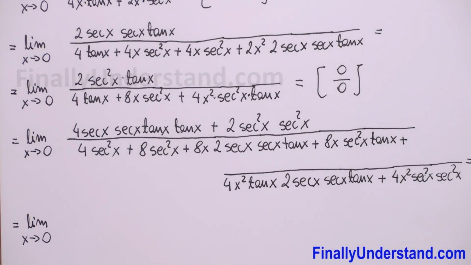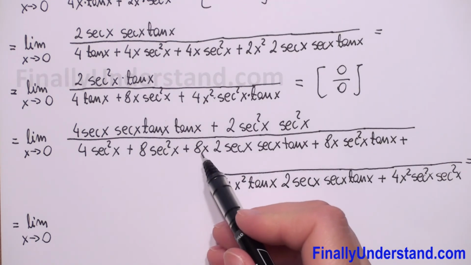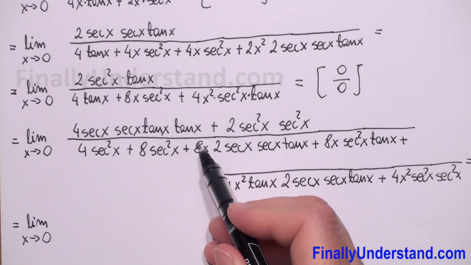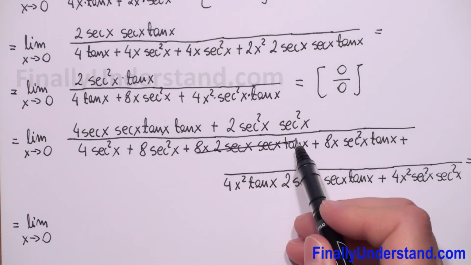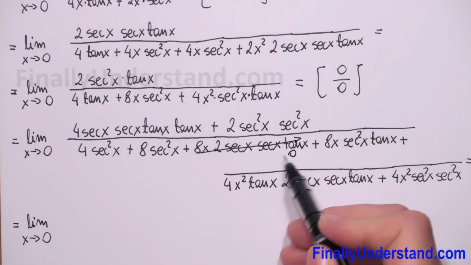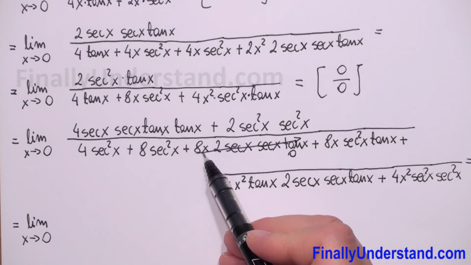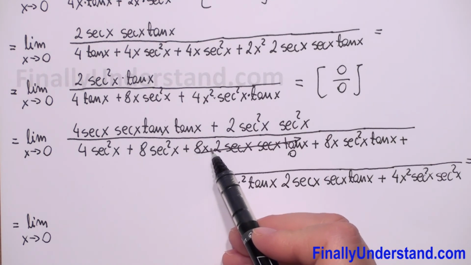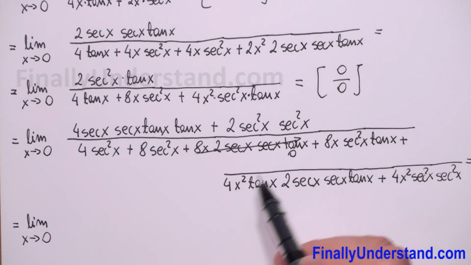So let's see what we have here. When x approaches 0 in denominator, this part will go to 0 because we have here 8 times x is 0 times whatever you have here will be 0.